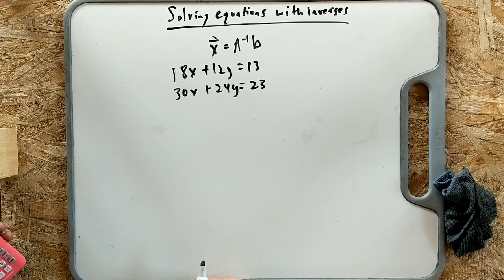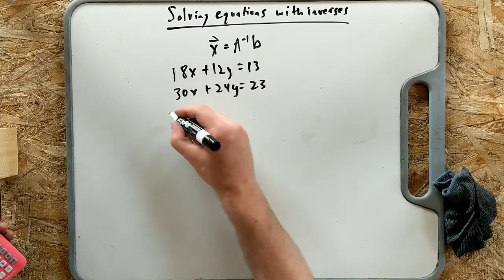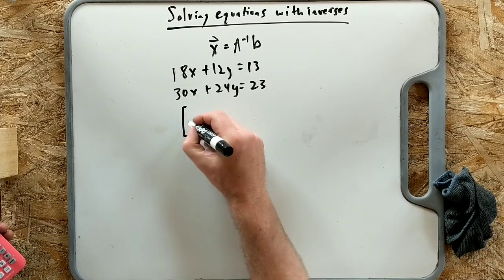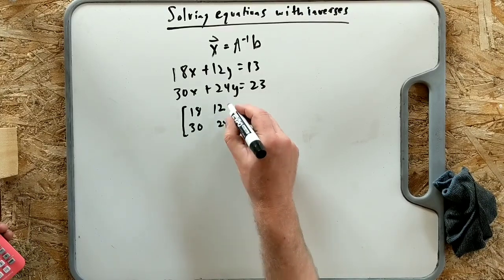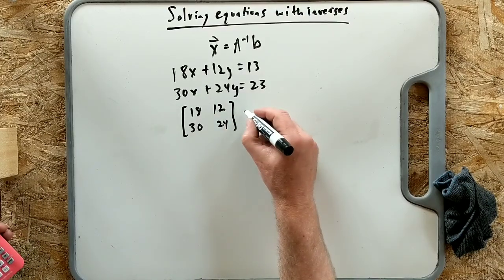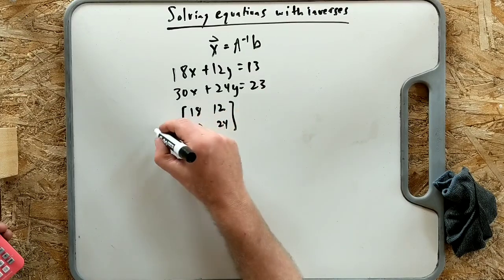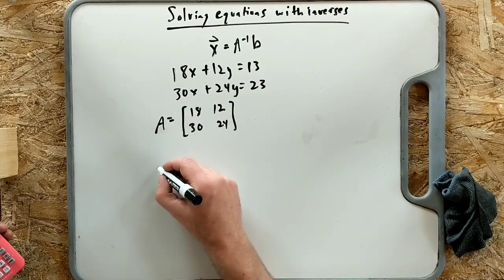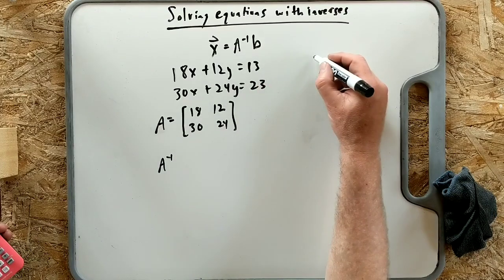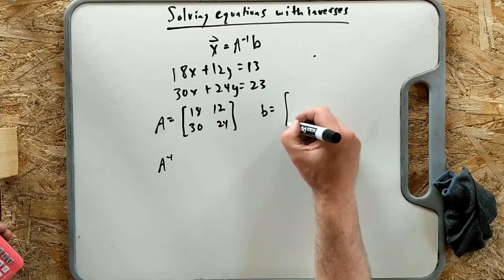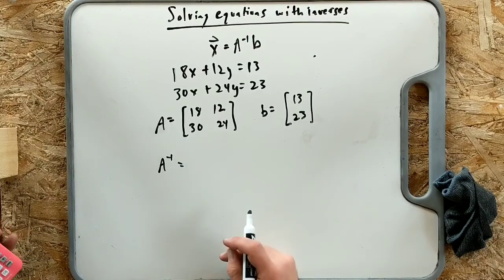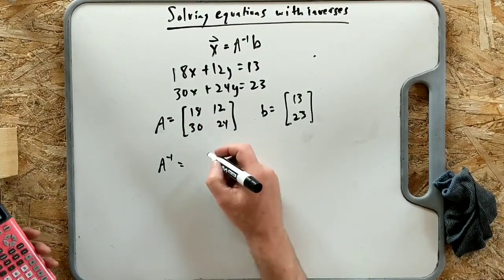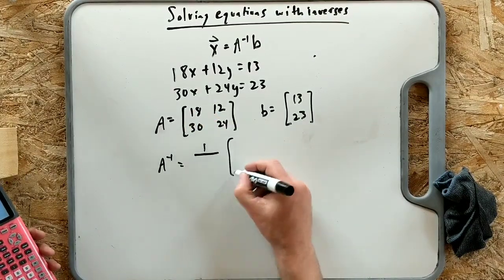Okay. Now I'm going to go through it. First, I'm going to create the matrix, which is 18, 12, 30, 24. And I'm going to find A inverse, and I'm going to just multiply it by B, which is 13 and 23. A lot of big multiplication here. So first of all, let's do 1 over the determinant.